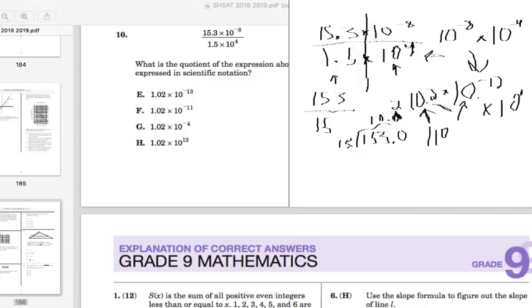So to make this still the same number, we have to multiply by 10, or 10 to the 1. So now we have 1.02 times what? Well, we have 10 to the minus 12 and 10 to the 1. So we get 10 to the minus 11. It's just normal exponent addition now. So that gives us F. Okay.